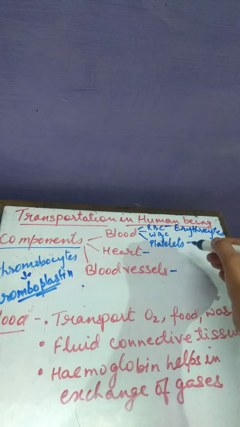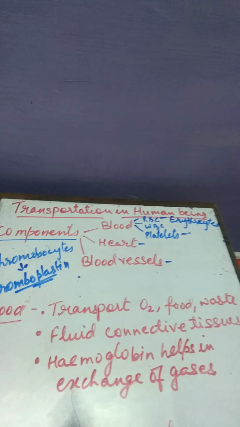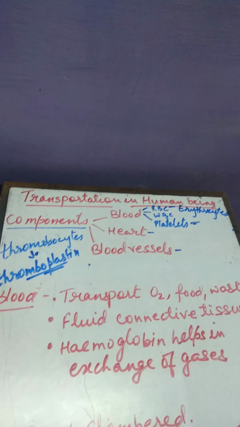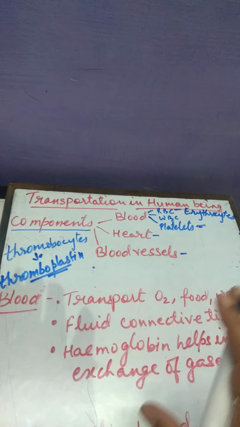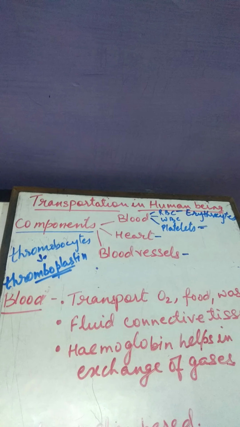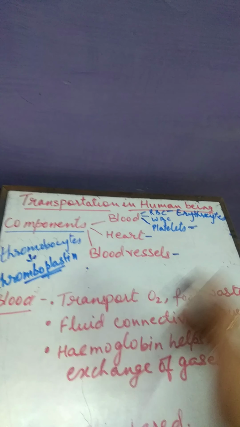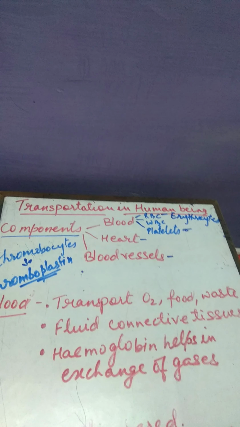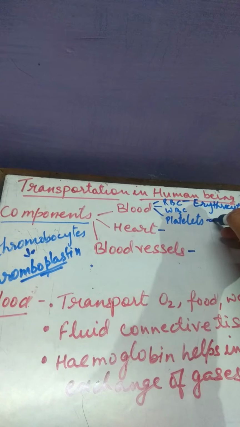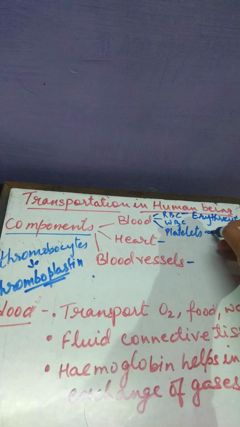Clear? And lifespan of platelets is about a week. Means it survives maximum for a week. If a wound is there or under any circumstances, it may survive for a shorter duration. It is non-nucleated and very minute.